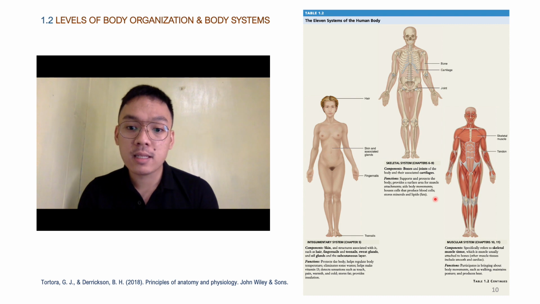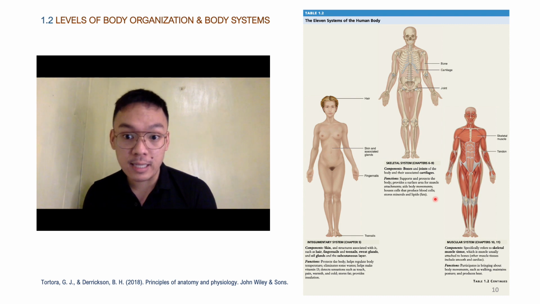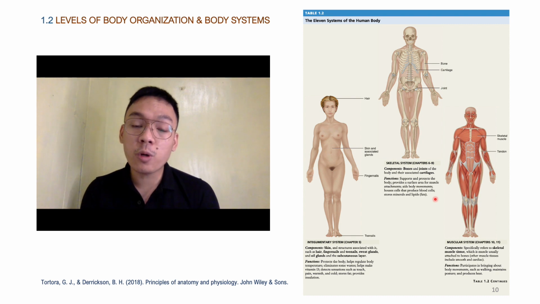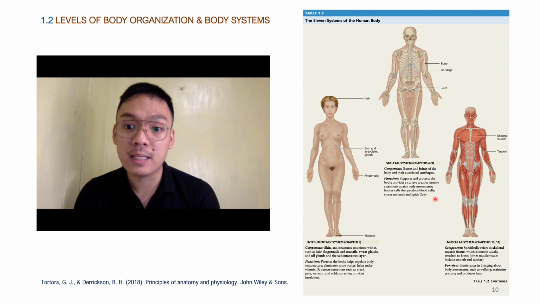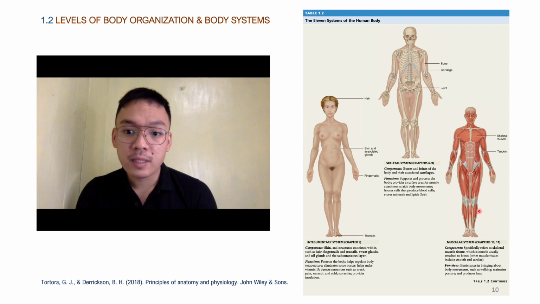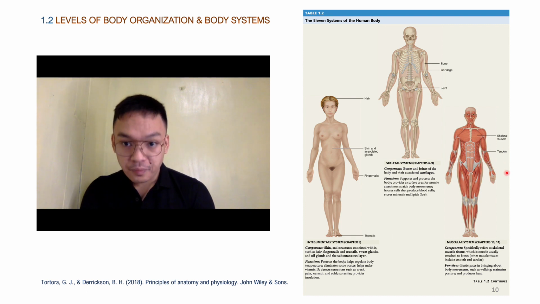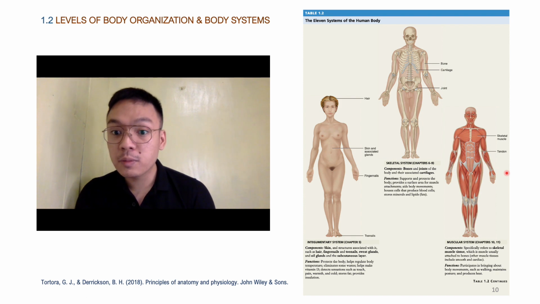It houses the cells that produce the blood cells, and it stores minerals and fats, or lipids. Your muscular system is composed of skeletal muscle and tendons. It also helps you to move.